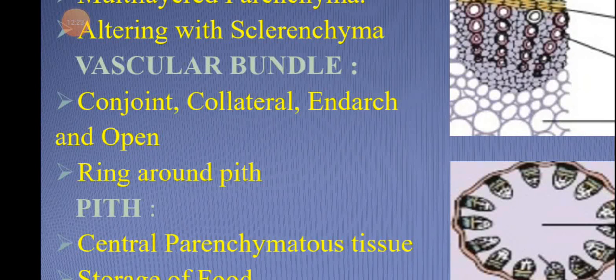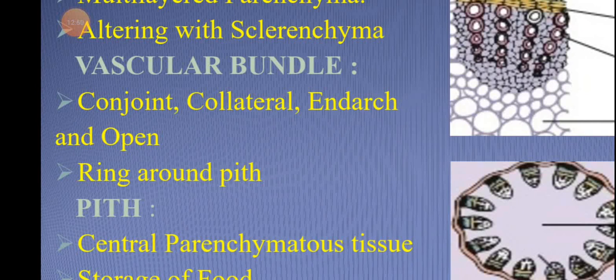Xylem conducts water; phloem conducts food. Xylem is present towards the inner side. Conjoined means xylem and phloem are present in the same line, like a jointed one.